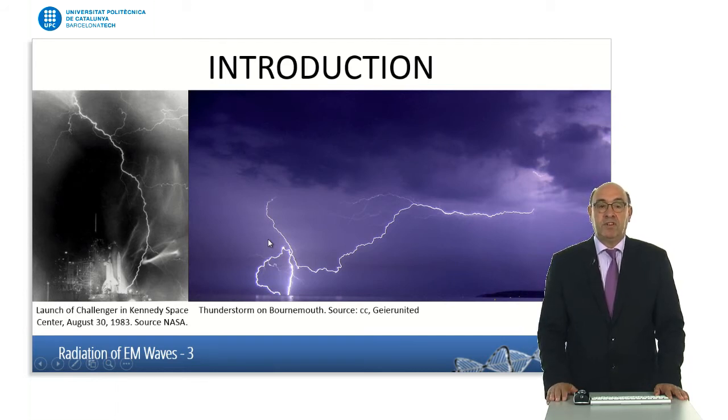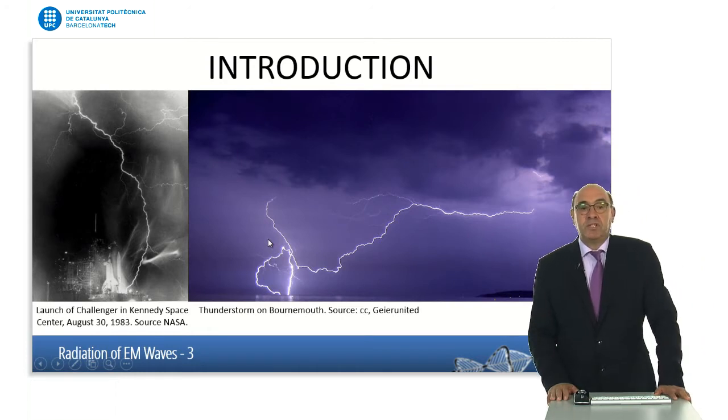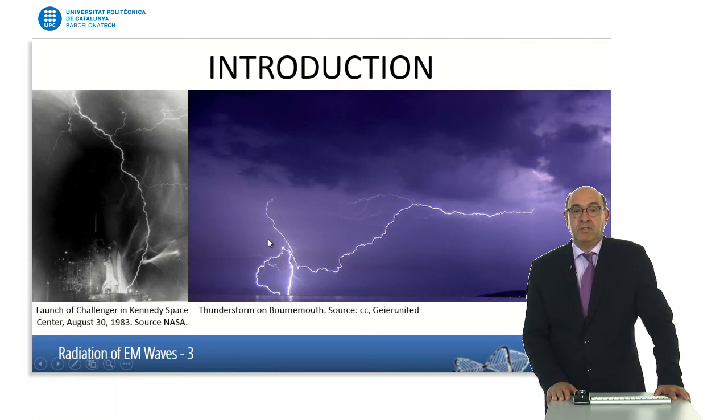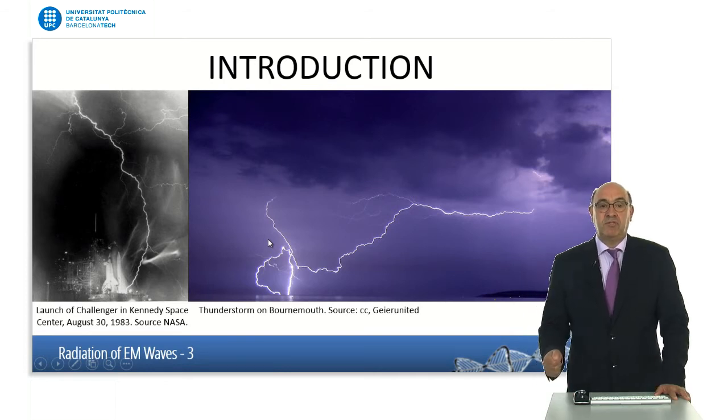It was clear for a long time that they were electrical in the sense that they could produce burnings and made a lot of damage. And in fact, it was due to Ben Franklin, the fabrication of the first lightning rod, just to try to attract electricity and discharge it to the ground.